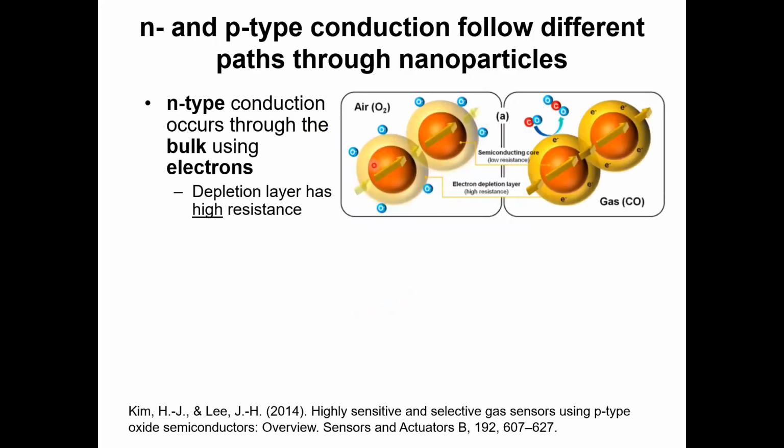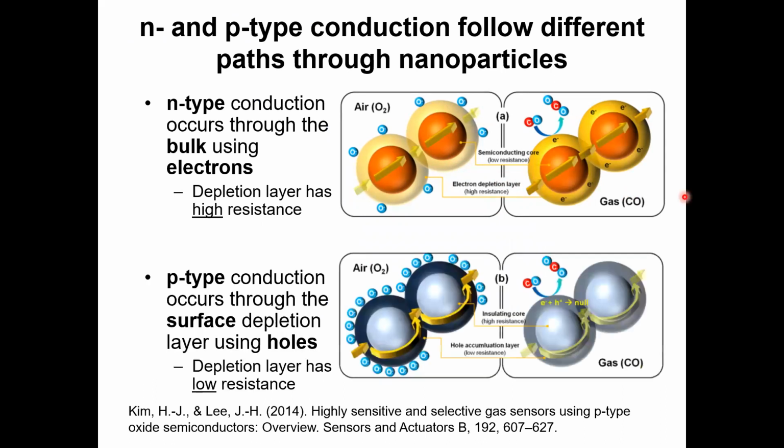The scenario will change if you go to a P-type material. So this is the N-type material. Again, you can see this depletion layer, the back-to-back Schottky barrier, and conduction is through the bulk part as well as across the interface, and resistance is controlled by the interface.